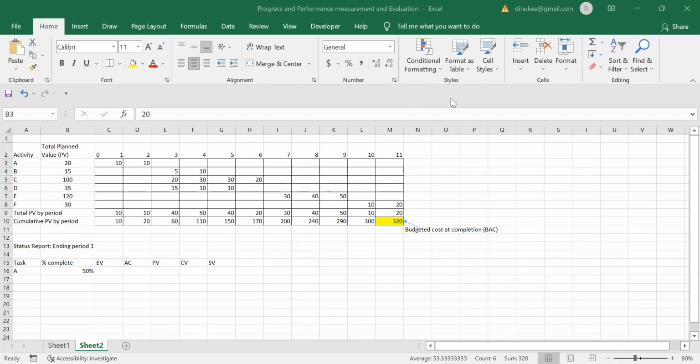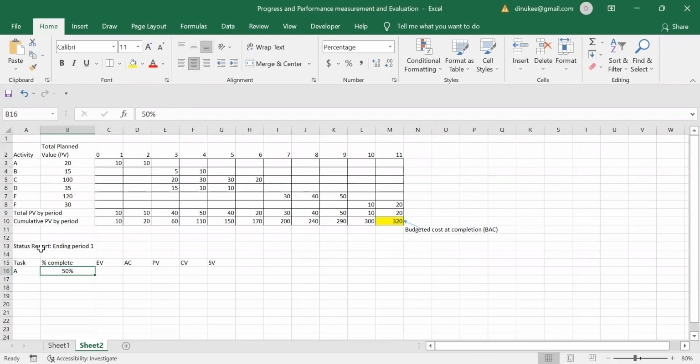Right. Thank you. So in this question, we are going to see the status ending period 1. At the end of period 1, we are going to see what is the status of our project, right? So at the end of period 1, the task or the activity A is completed by 50%, right?